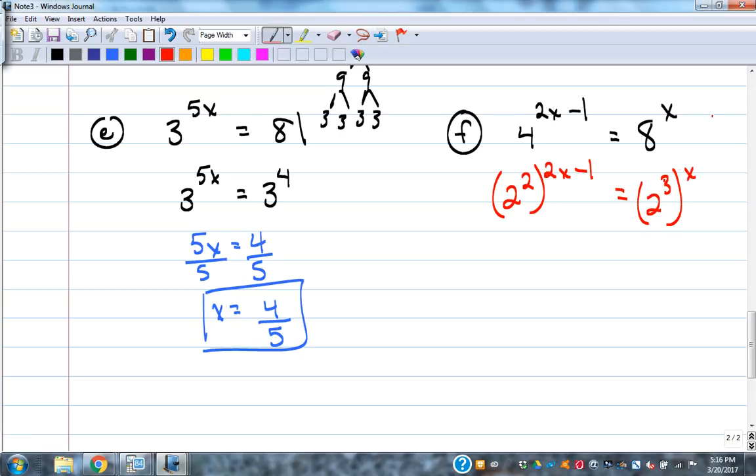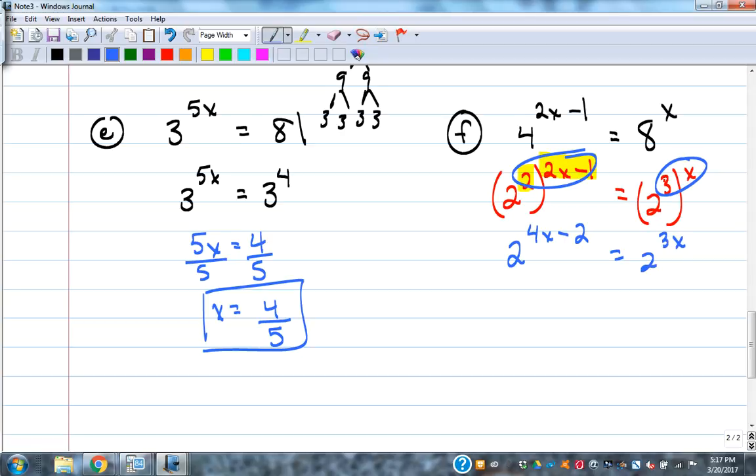And then you've got to think, oh, exponent rules. What happens with the squared and the 2x minus 1? When you have an exponent in parentheses with an exponent outside, what's the rule? It's multiply. So that ends up being 2 to the 4x minus 2. And the same thing over here. So that's 2 to the 3x.